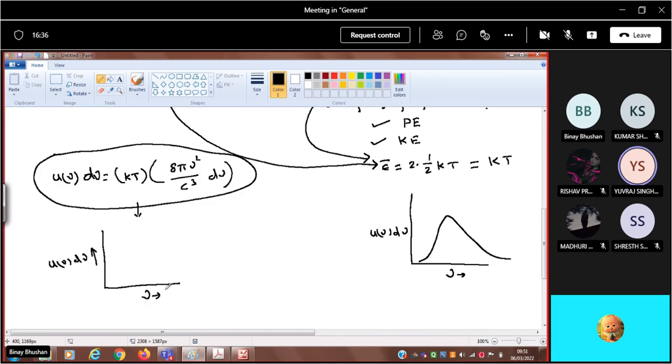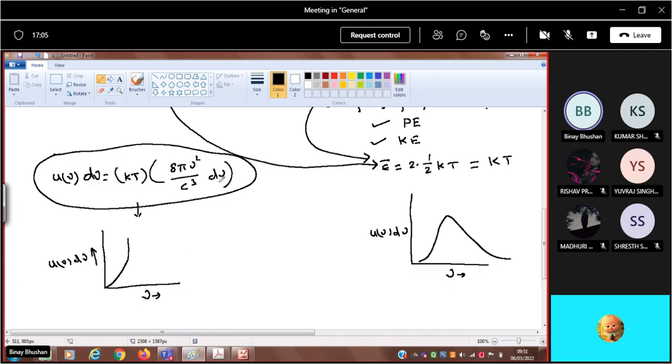Yes, sir, parabola of 3 degree. Parabola, very good. Excellent. We will get a parabola here, something like this, because this is in the format of y equal to ax square. Sir, it's cube actually. d nu is also here.